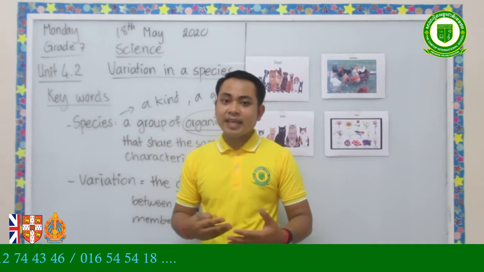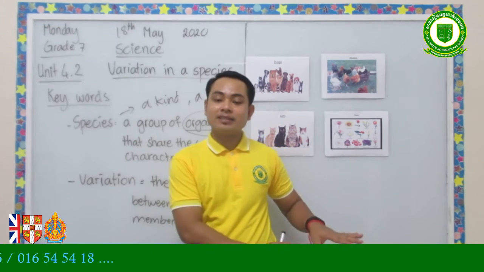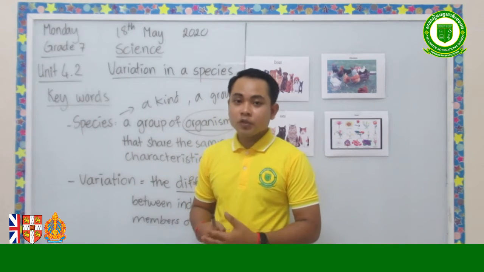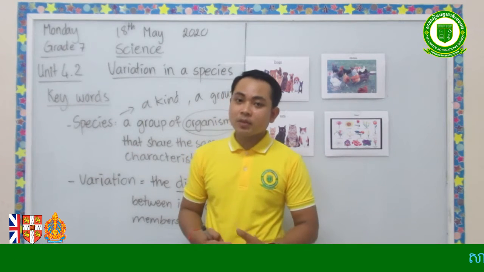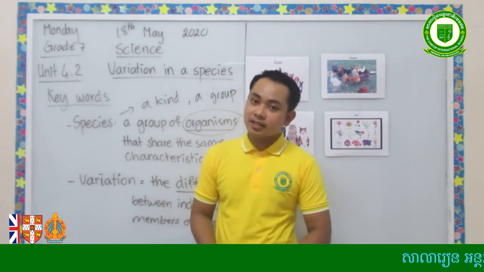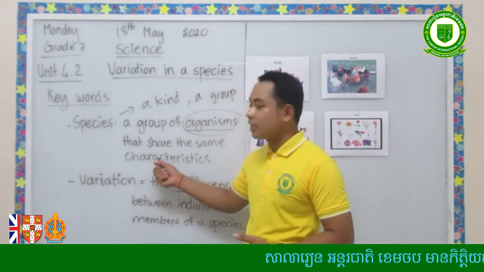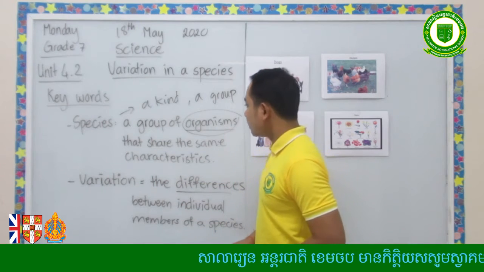For chickens, they lay the eggs and then the eggs hatch. Then we get the chicks, the babies of the chickens. But human beings don't lay eggs. Human beings get pregnant and then deliver the baby. So that's why we say they share the same characteristic.